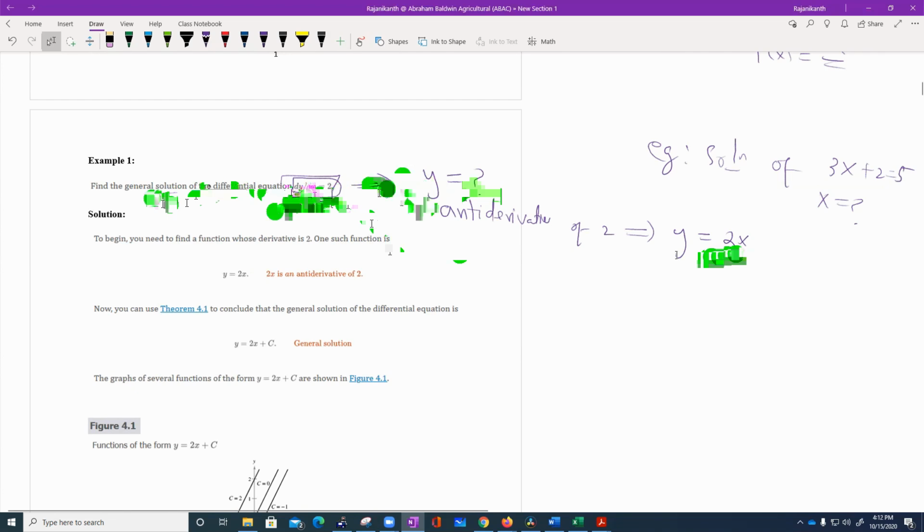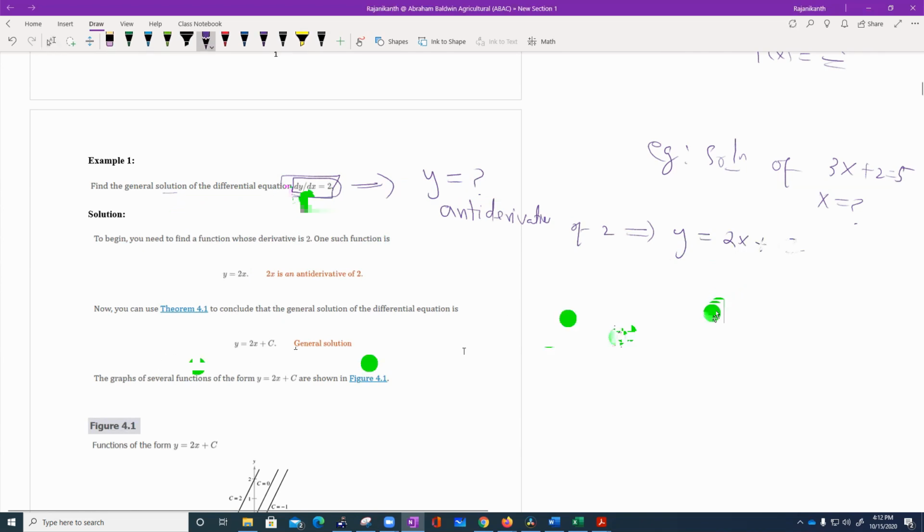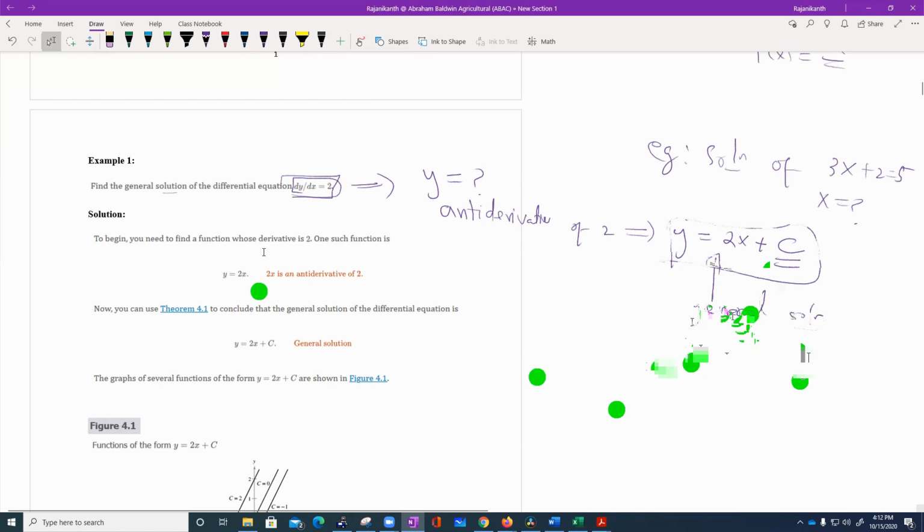That means once you take the derivative of that answer, dy over dx should give you 2, yes? 2x. But remember, as I said earlier, you are free to choose any constant here. So if you write here any constant c, this c is any fixed number. You could pick any number here. So this is called a general solution. That means I have included all possible antiderivatives of 2.